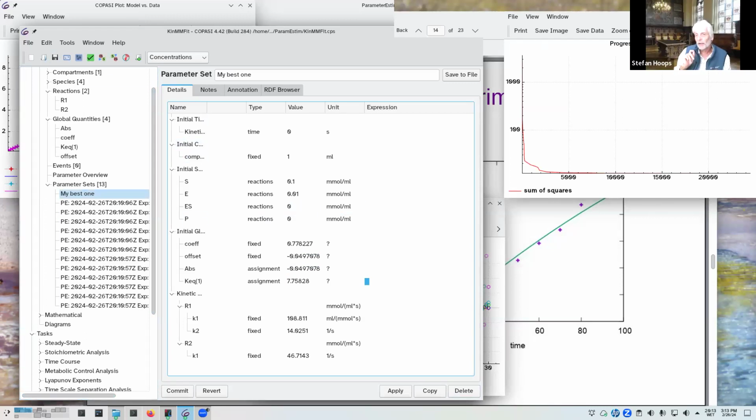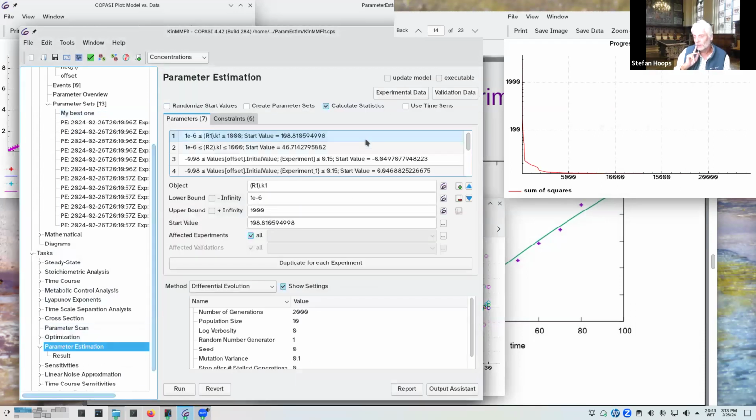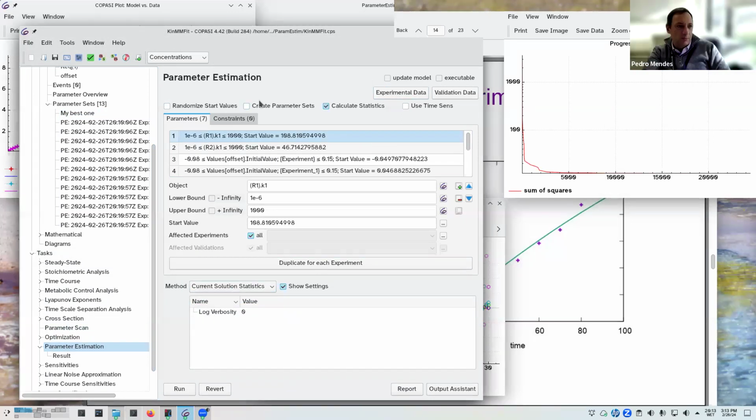Yeah, and another comment on how to create it. You can at first run your parameter estimation with your favorite algorithm without creating parameter sets on. And then you run current solution statistics with create parameter sets on. That's probably a better way. If you do this, then it just runs with the current solution.